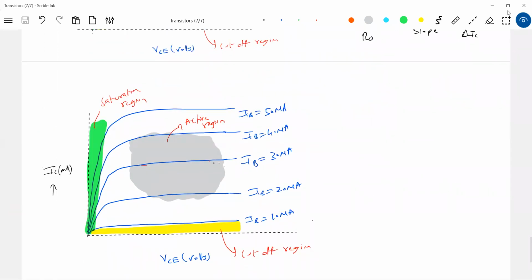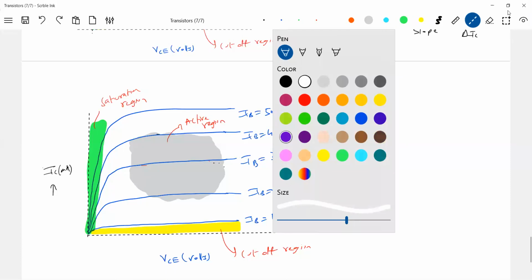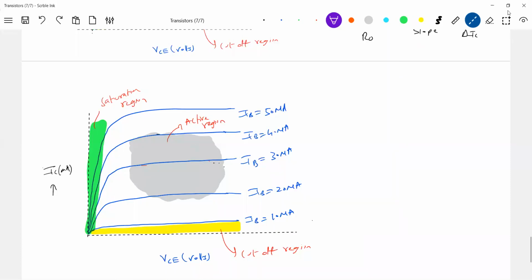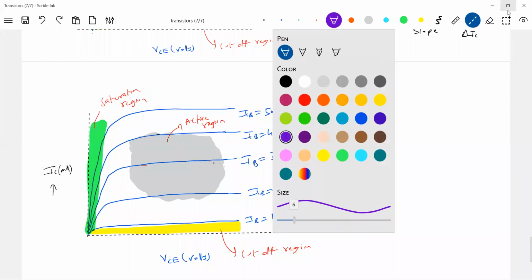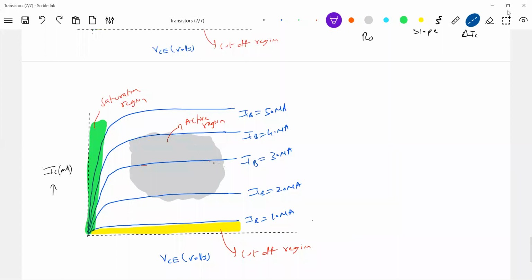So you just extend these lines. I'll bring some other color. I think you are able to differentiate the colors. You just plot like this.